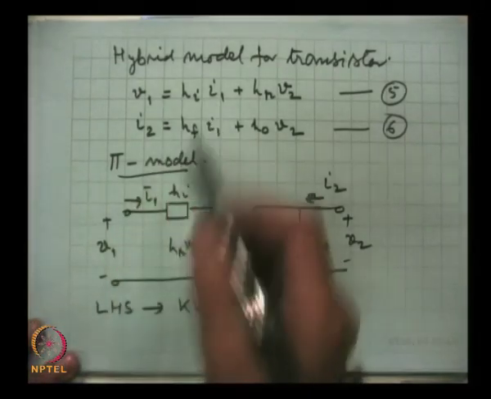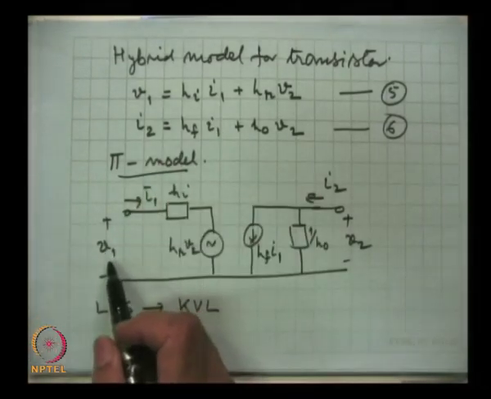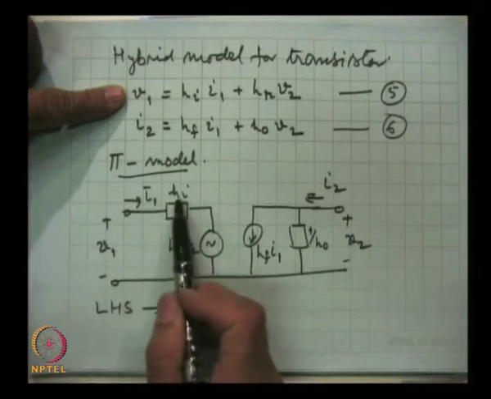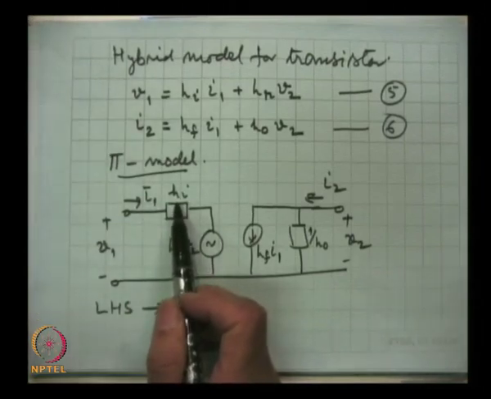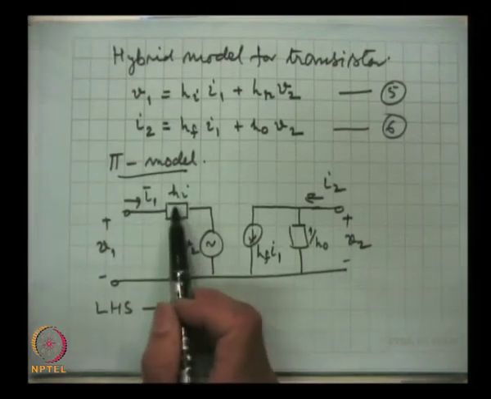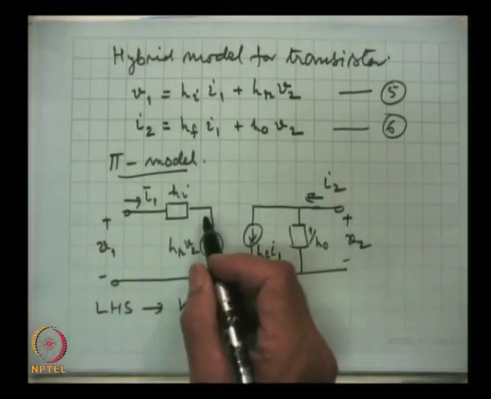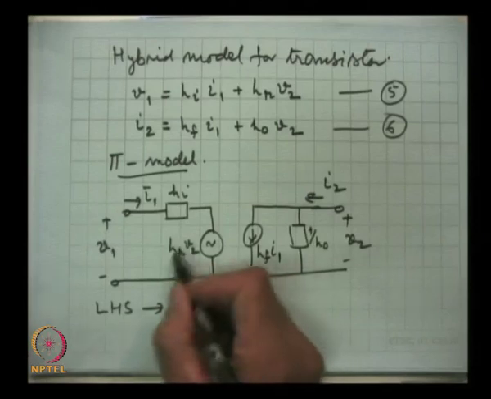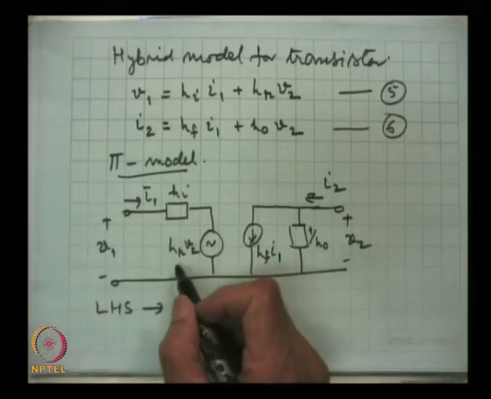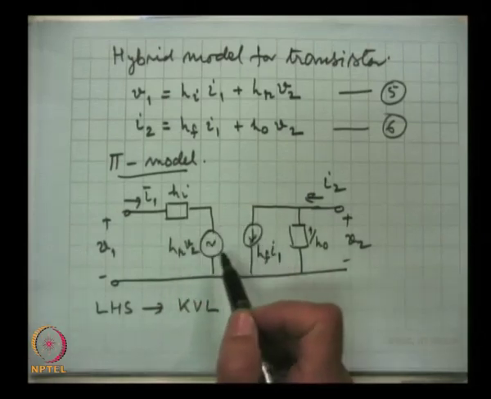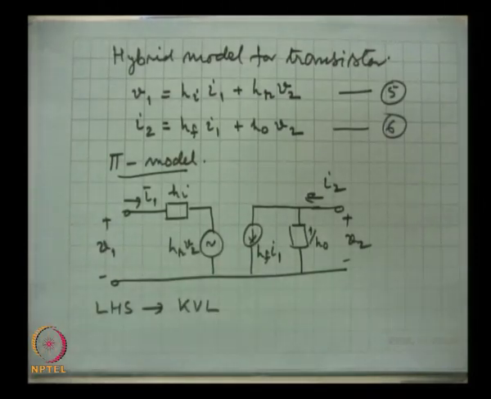So, this will give V 1 equal to the input impedance H I. The voltage drop here will be represented by the first term, and here, as I said, is a voltage source which is there because in a transistor the two junctions do not function in complete isolation. It is very important.